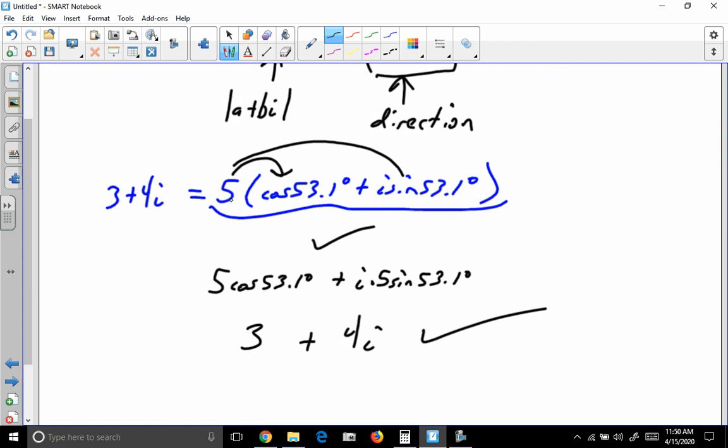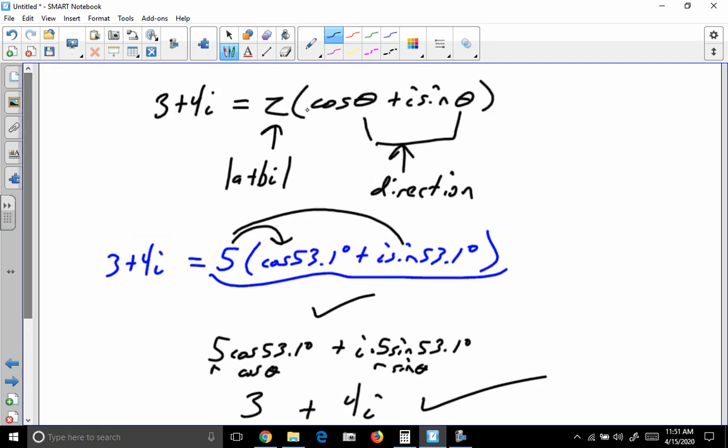So if we call that z or r, cosine is the horizontal part. That's r cosine. r sine, that's the vertical part. They just factor the r out front and leave the cosine and i sine on the inside.